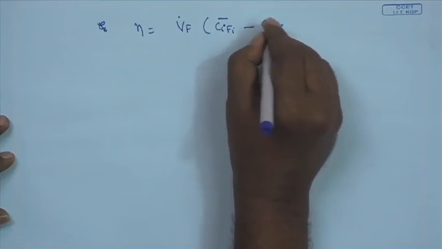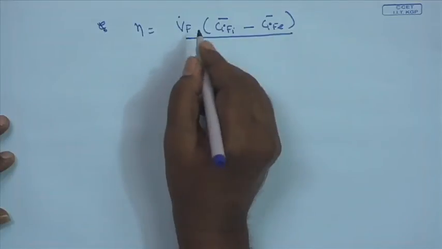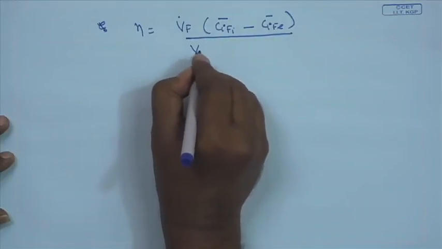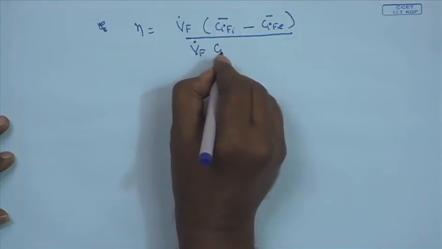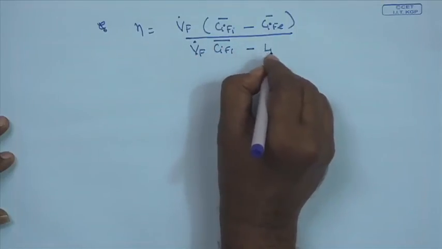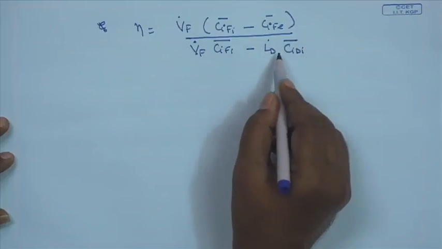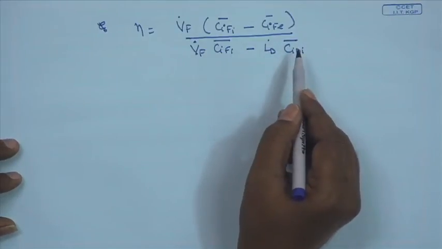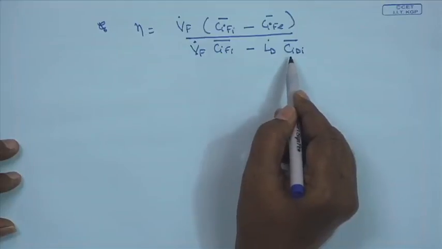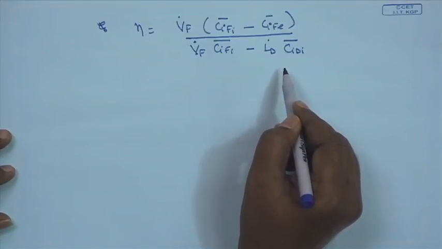This is the actual amount of solute that has been separated, and this is the maximum amount of solute: V_f bar C_i f_i that is going into the system minus L_d C_i d_i that is going into the system through the dialysate stream. But typically, in the dialysate stream, the concentration of solute going into the dialysate side will be equal to 0, and this part will be equal to 0 in most of the cases.